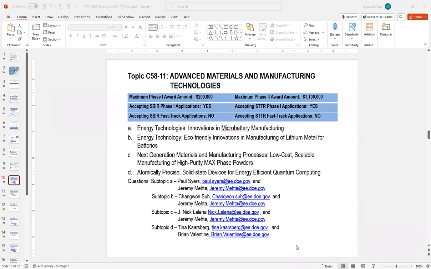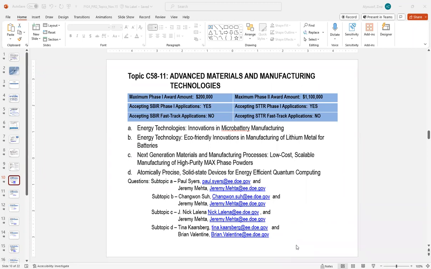Those are the areas that we're seeking these MAX powders and MAX phases to be used in. Thank you.